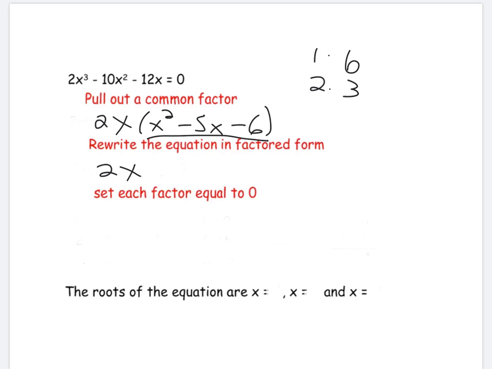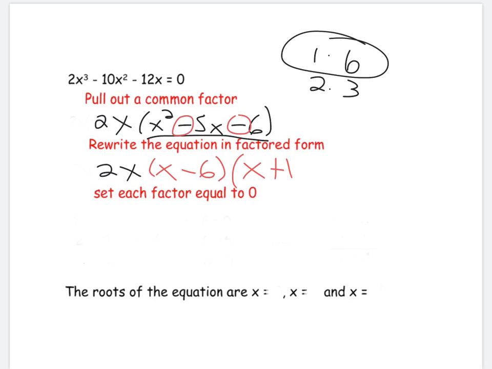But they have to subtract, because it's minus 6, to make 5. So that would give me this one. So this tells me here that the signs are different, and this tells me that the bigger one is the minus. So I would have x minus 6, because 6 is bigger than 1, and x plus 1.